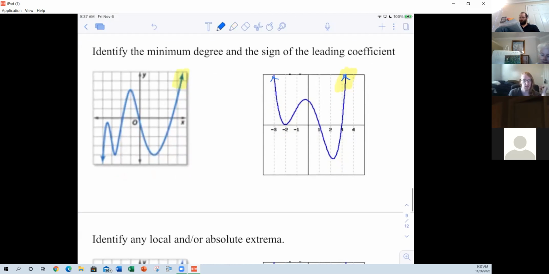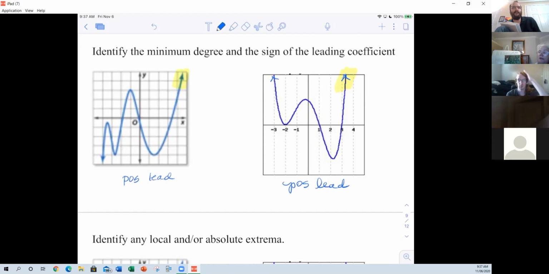Positive, good. And what about the second one? Also positive, right. If the very tail end is going up, the leading coefficient will be positive. And if the very tail end is going down, then the leading coefficient will be negative, okay?